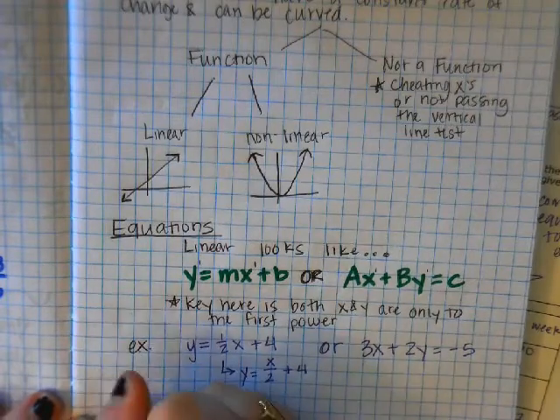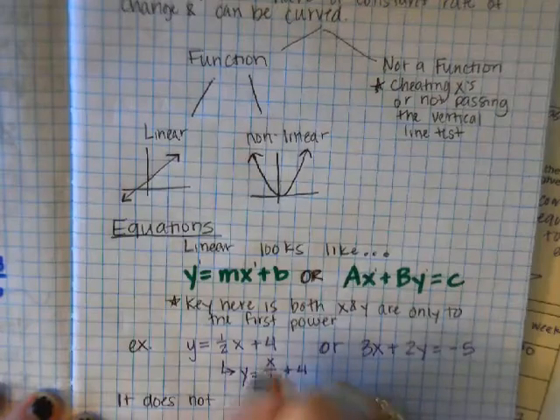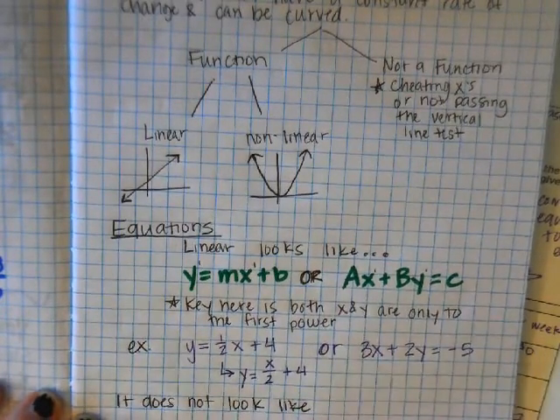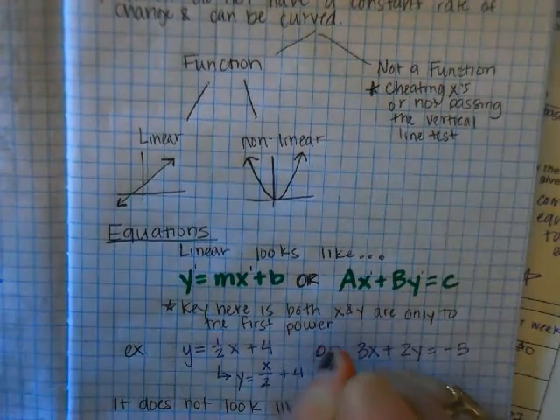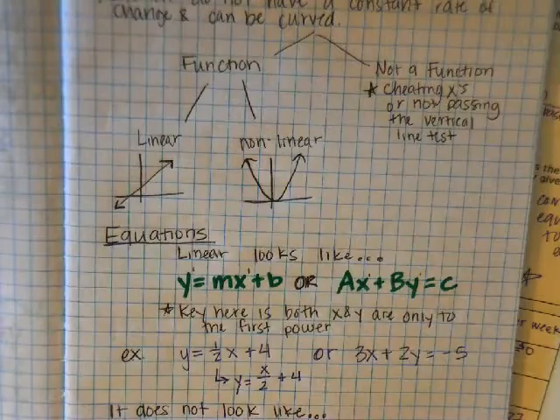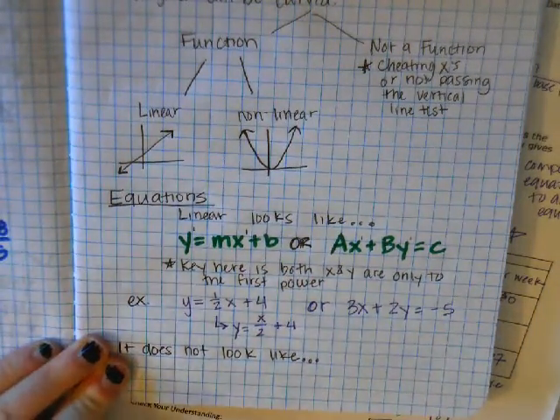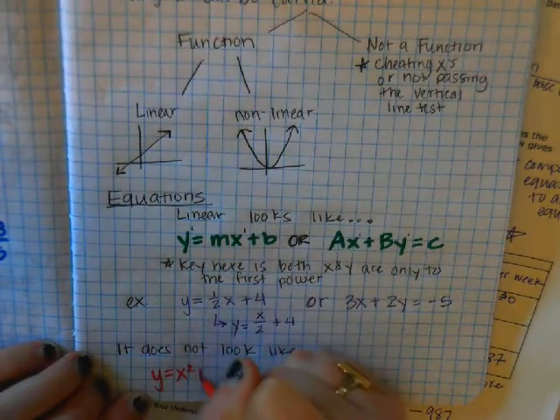All right, so it does not look like, and these are just going to be some examples of nonlinears. y equals x squared plus 4.